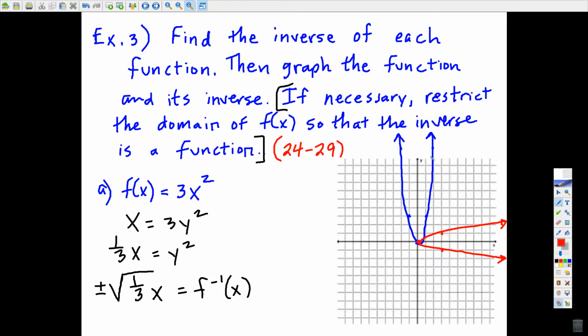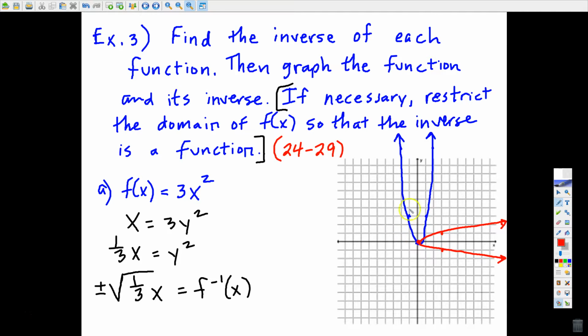Okay, and would that also be true if I just had the right half of this parabola and not the left? So, in other words, what this means is let's restrict the domain of this original blue so that we only show half of this parabola so that its inverse will be a function. All right?